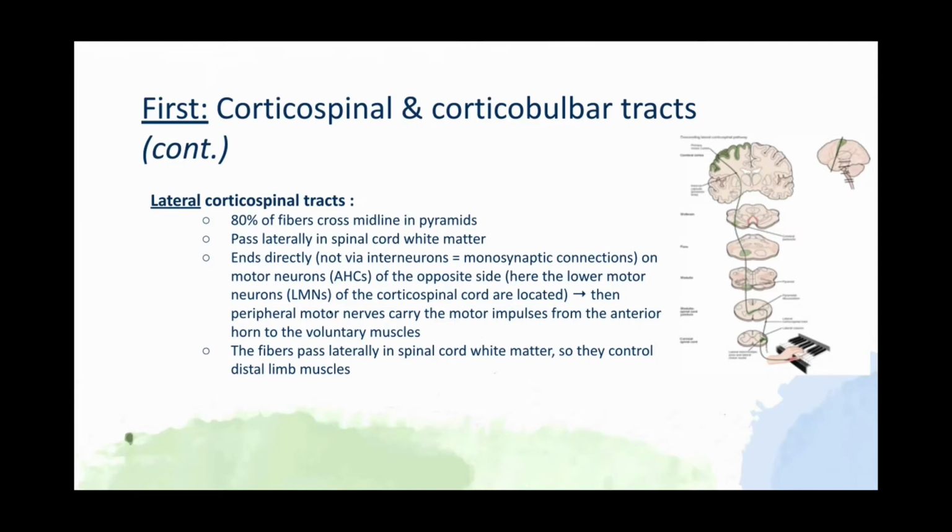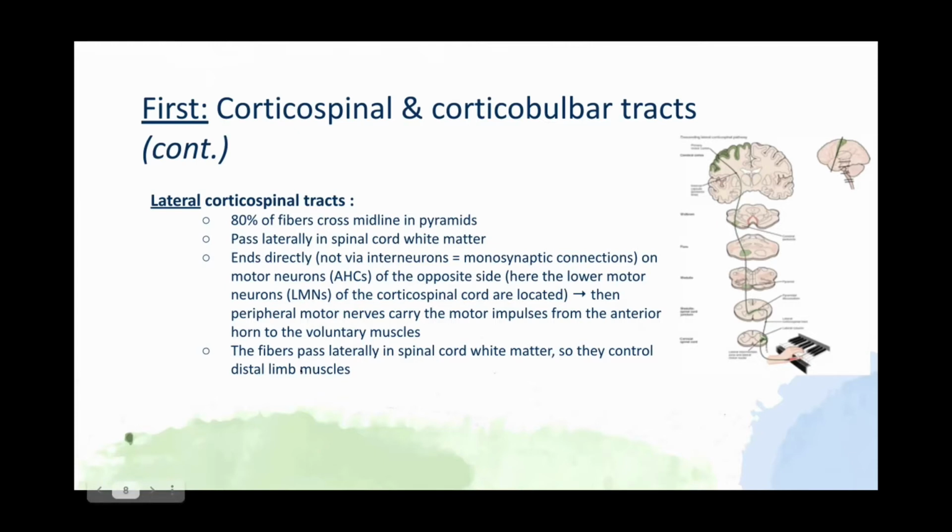Then peripherally, this anterior horn cell gives us the lower motor neuron that will carry the motor impulses from the anterior horn to voluntary muscles, so voluntary muscle movement. The fibers pass laterally in the spinal cord white matter, so they control distal limb muscles. So the responsibility of the lateral corticospinal tract is the distal limb muscles.